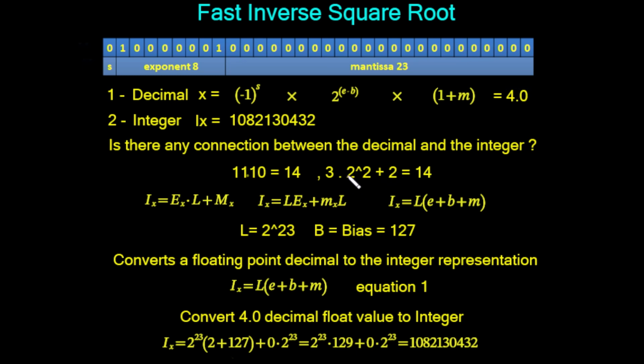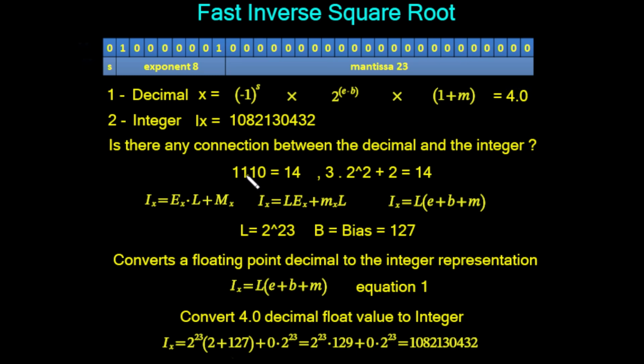Now, in order to get the actual value of 14, we note that this number here, 3, is actually shifted along, okay? It's shifted along 2 positions. So it's shifted along position number 1 and position number 2. So in effect, it's shifted along to the position 2 to the power of 2. And you can see that 2 to the power of 2 is 4.